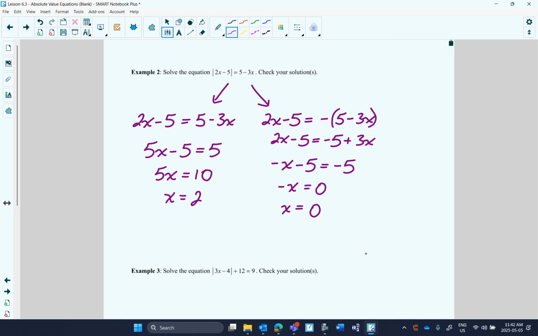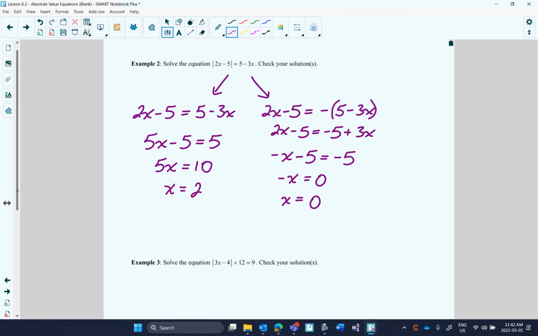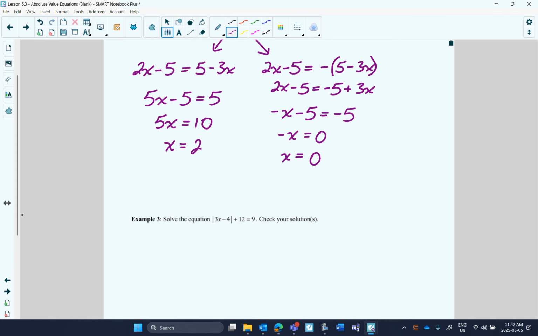And remember, you have to check it in the original, not in these ones. It has to work in the original. So does the absolute value of 2 times 2 minus 5 equal 5 minus 3 times 2?